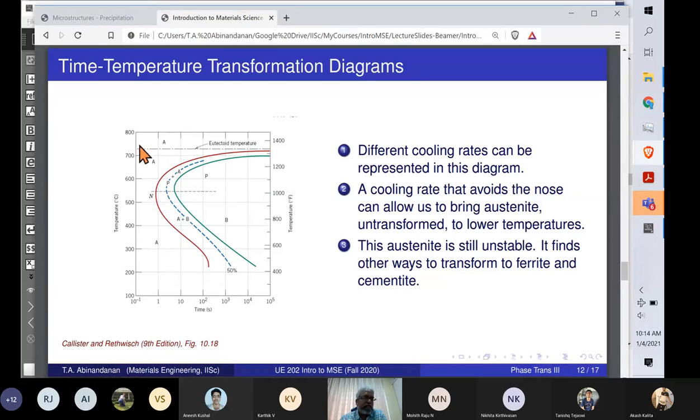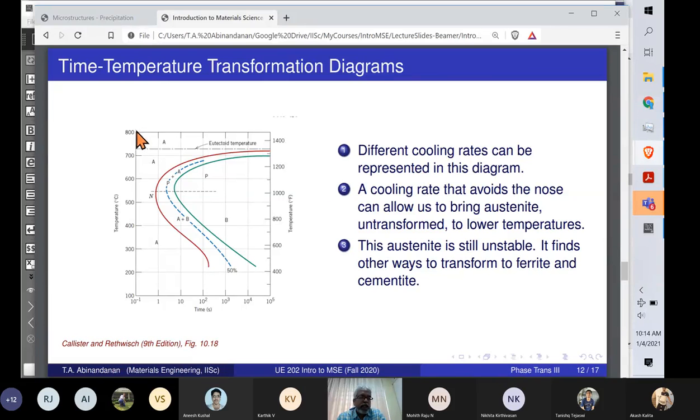And if it is a small piece, the entire piece can cool down to very low temperatures very quickly. But if it is a large piece, the surface gets cooled very fast, but the interior gets cooled later. And so you see a whole range of cooling rates.